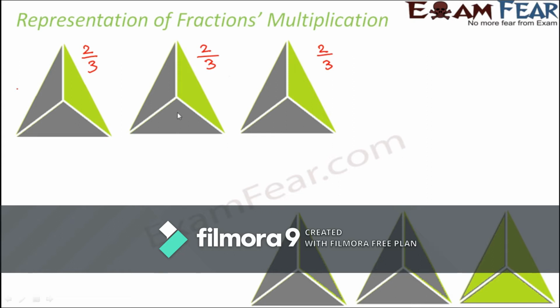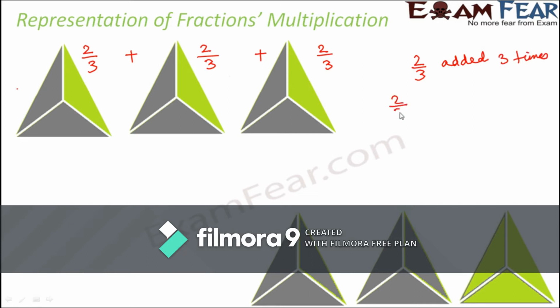Now you have 3 similar triangles where 2/3 is shaded. So basically we are trying to add 2/3 of a triangle plus 2/3 of a triangle plus 2/3 of a triangle. What are we actually doing? We are adding 2/3, 2/3 added 3 times.